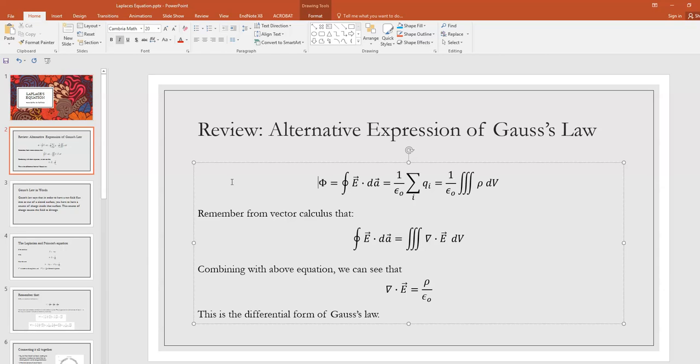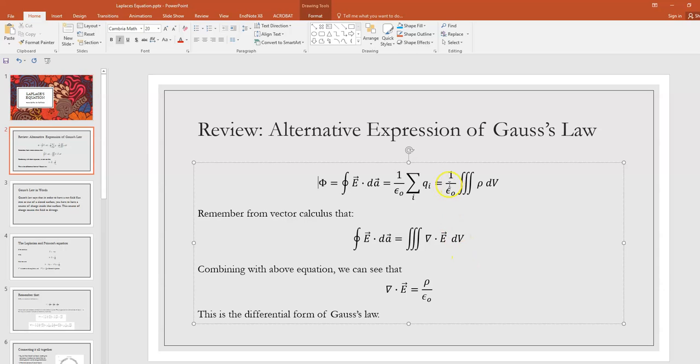And from vector calculus, we know that if you have a vector field, any vector field will do, but here we're focusing on the electric field, okay? So if you have a vector field, then the integral over a closed surface for that vector field, here shown as E dot dA, is also equal to the integral over the volume of the gradient operator dotted with that vector field, okay?